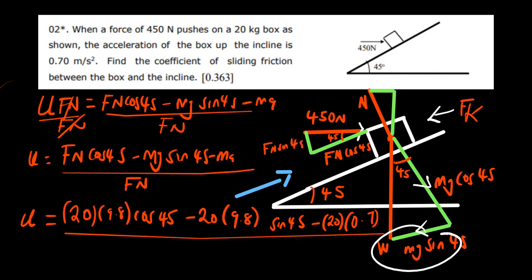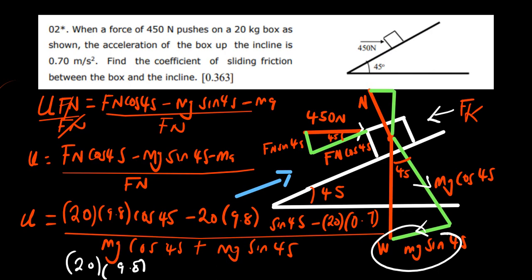We're going to have mg cos 45 plus again mg sin 45. Now let me replace downward so that I solve everything together. My mg, the mass down, is 20, the acceleration is 9.8, multiplied by cos 45 plus my mg in this case.